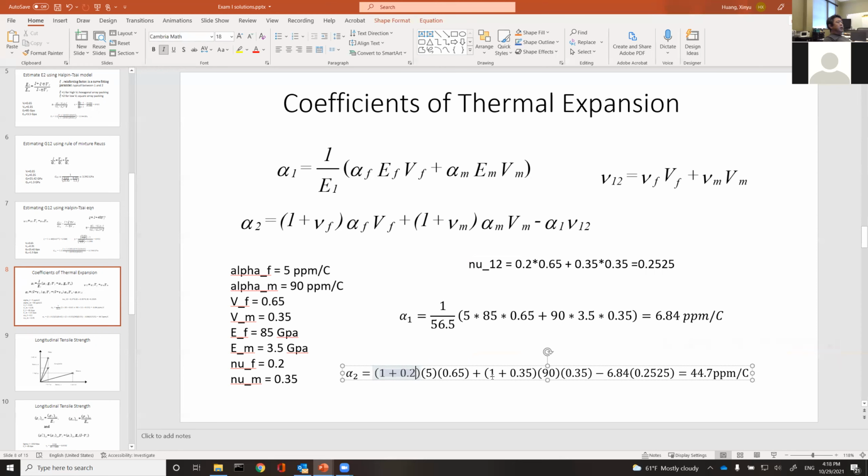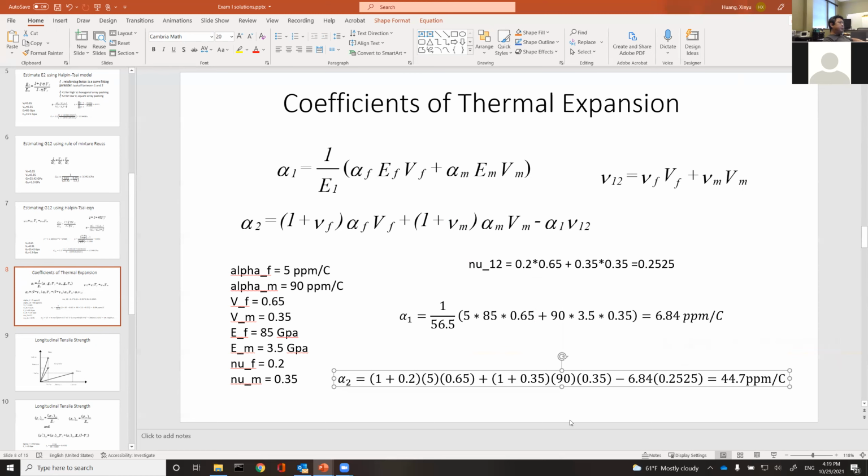This gives me thermal expansion in the transverse direction to be 44.7 ppm per degree C. Okay. As you can see, it's closer to 90. It's closer to matrix, but a little bit less due to the impact of fiber. Fiber kind of brings this down a little bit to 44.7. All right, any questions?